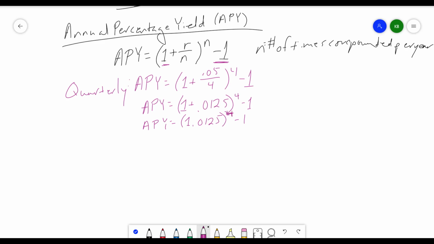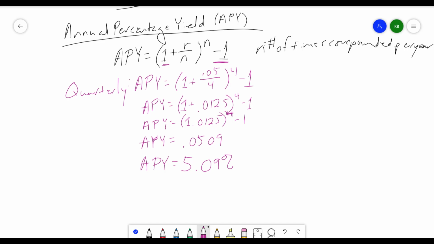The order of operations is easy to follow here because my exponent is the first thing to the left. So do that, then subtract 1, and I get an APY of 0.0509. So what this is saying is my annual percentage yield in percent form is 5.09%, which is more than the 5% that's my APR.